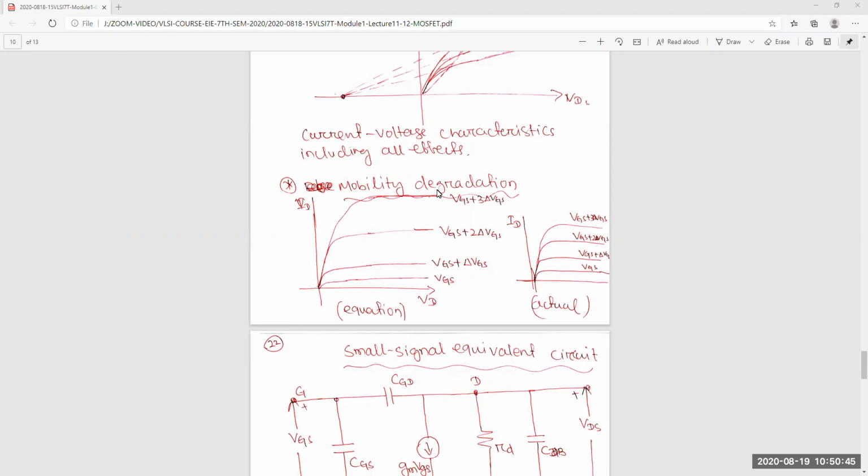Due to this, in the circuit, the rise time, fall time and propagation delay will come in digital circuits. In analog also, there is the frequency response behavior. Suppose you are using an amplifier, this capacitance limits the operation of frequency.